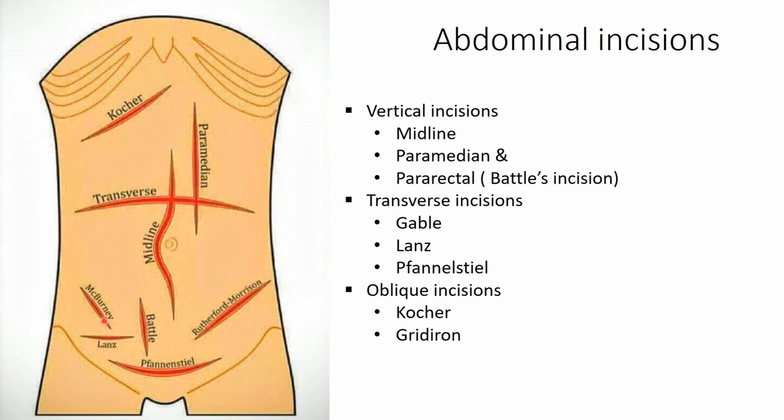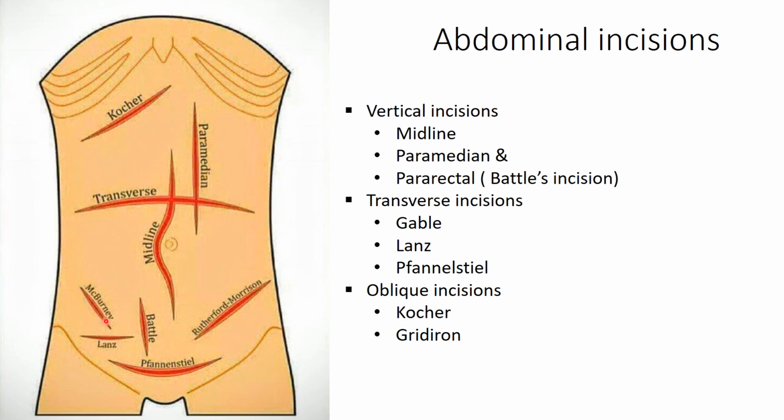Next is the McBurney gridiron incision, which is done at the McBurney point, lying on a line joining the umbilicus to the anterior superior iliac spine, and in the lateral third of this line the McBurney incision is done. This incision is generally done for appendicitis. And here the muscles are split rather than cut, and they are split along their fibers.